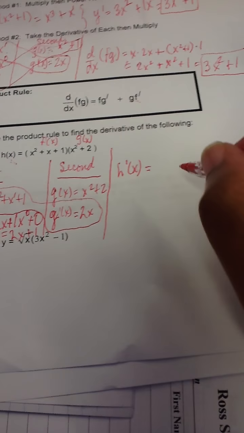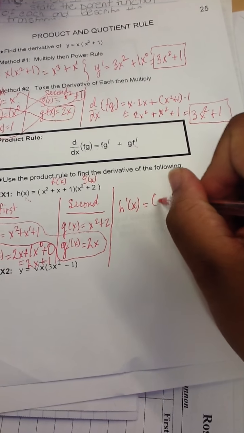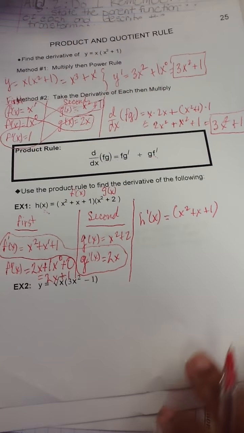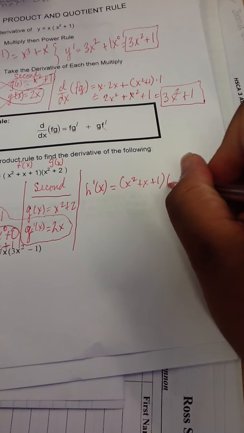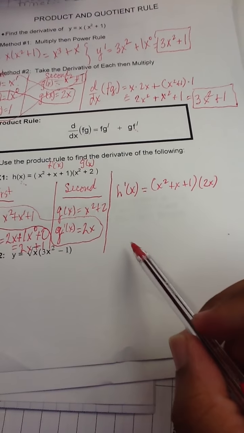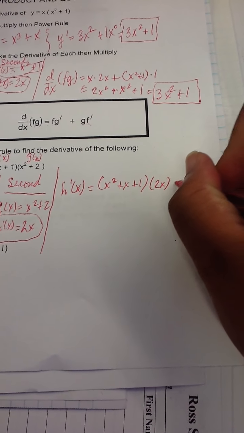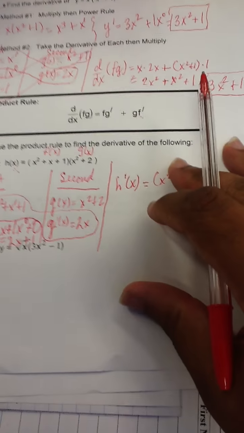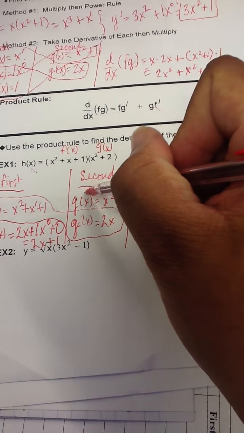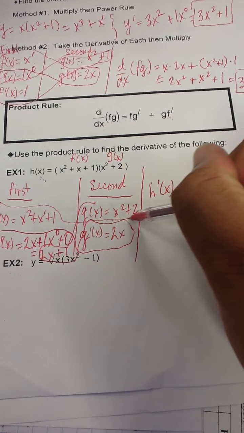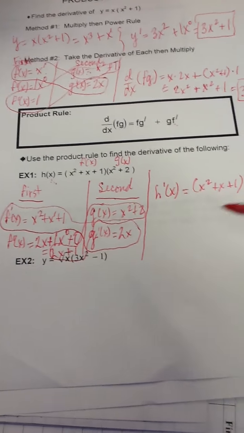So that's going to be x squared in parentheses x squared plus x plus 1, and then times 2x, because that was g prime of x. So that's the first part, plus g times f prime of x, meaning I'm cross multiplying these. G of x times f prime of x.